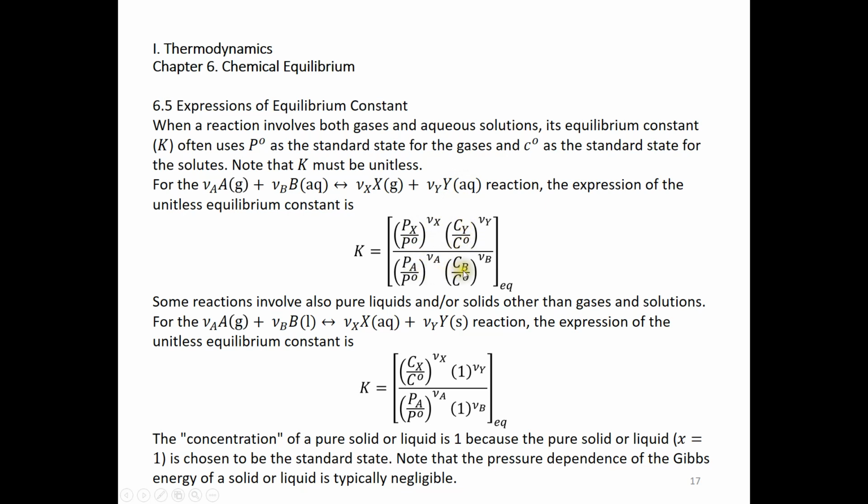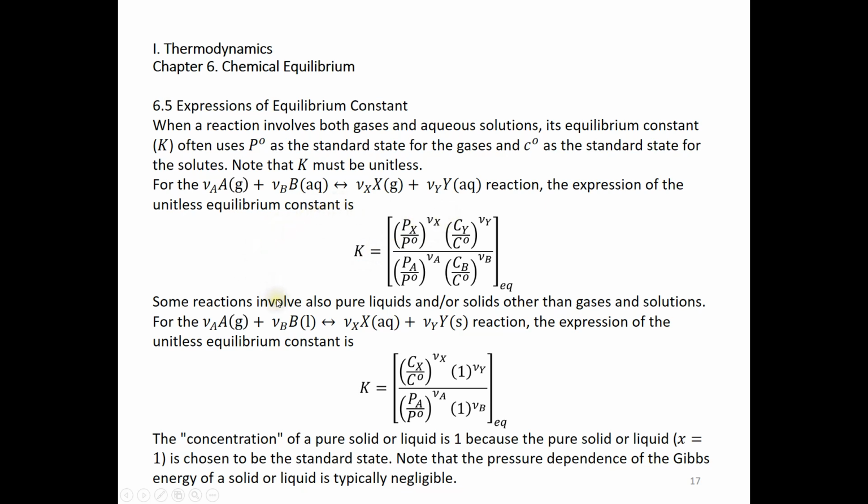A is a gas, and B is a solute in the solution, so this is C sub B over C naught. Over here we see concentrations, and we see partial pressures. That's why we have just a K here that denotes the equilibrium constant. It's neither the equilibrium constant of pressures nor the equilibrium constant of concentrations.